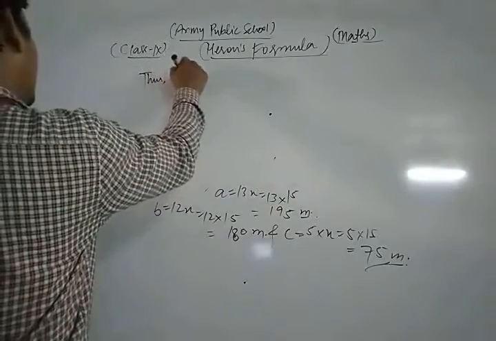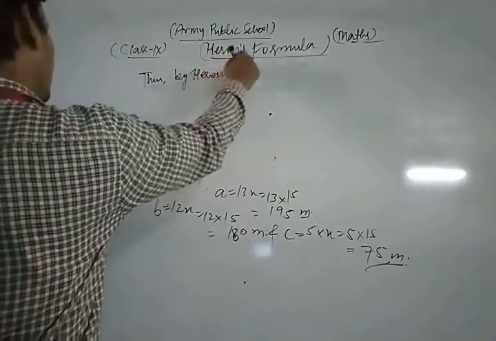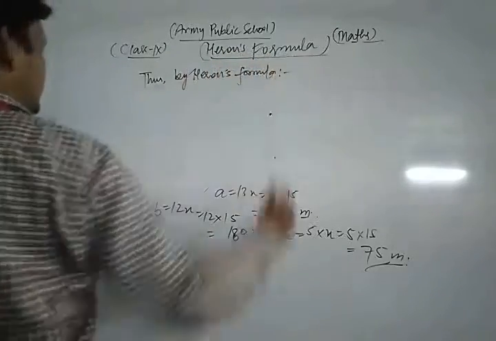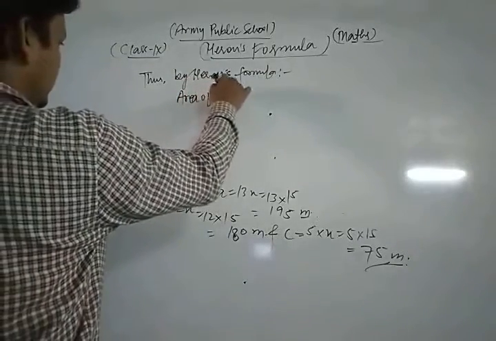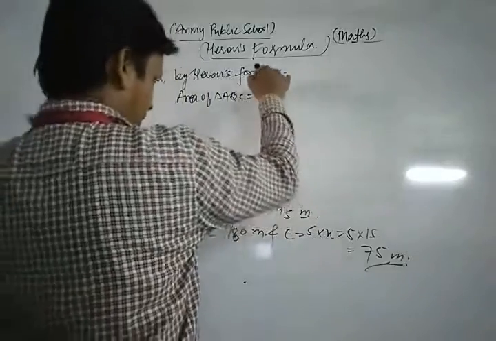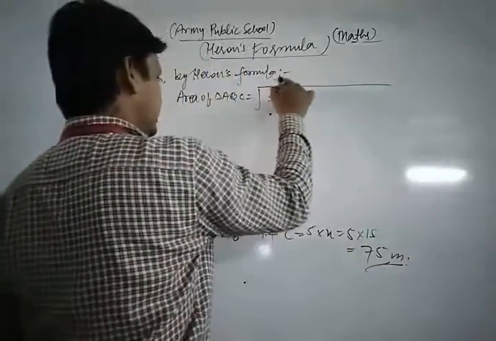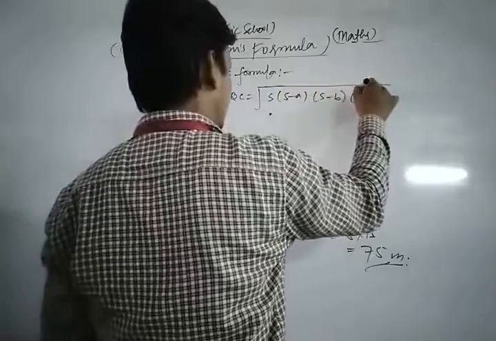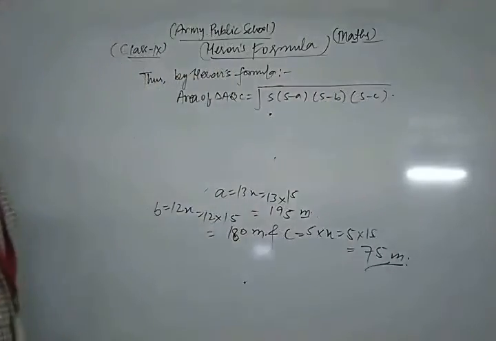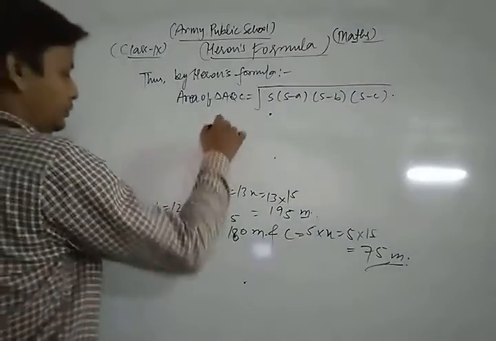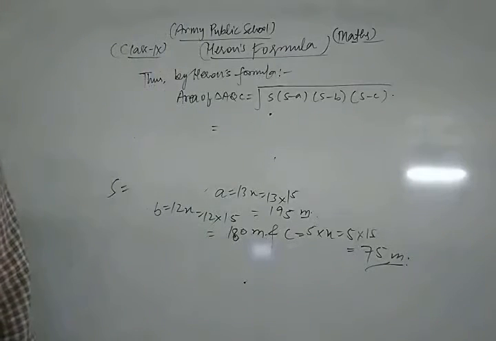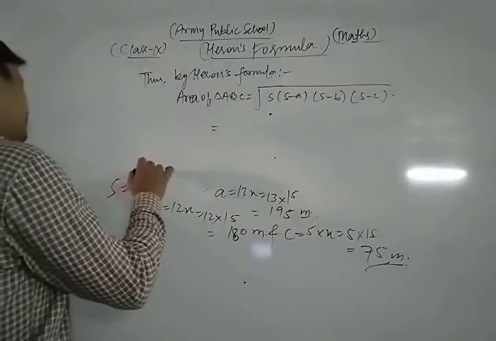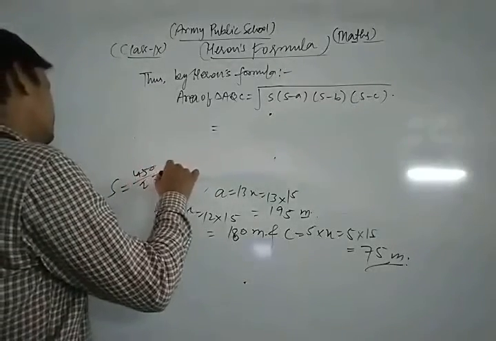Thus by Heron's formula, the area of triangle ABC is given by the formula, you know that, as square root of s(s minus a)(s minus b)(s minus c). The perimeter is 450, so the semi perimeter is 450 upon 2, that is 225 meters.